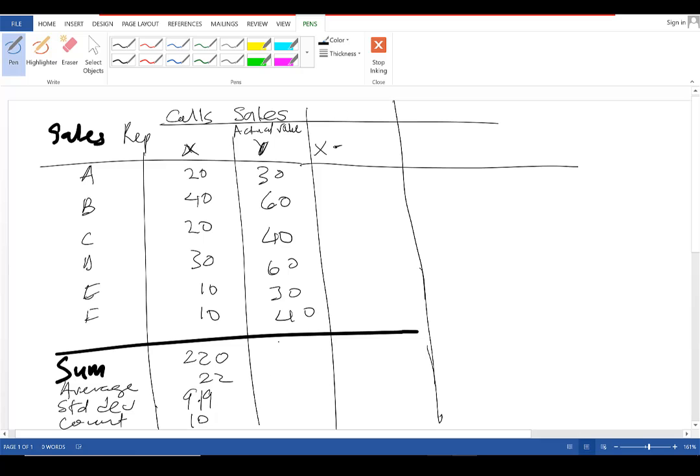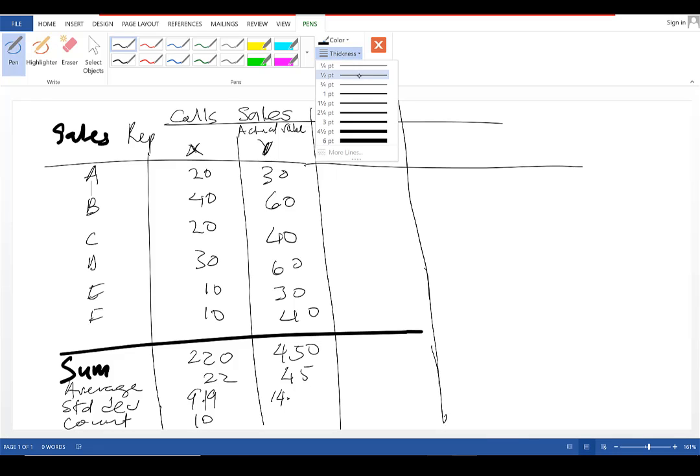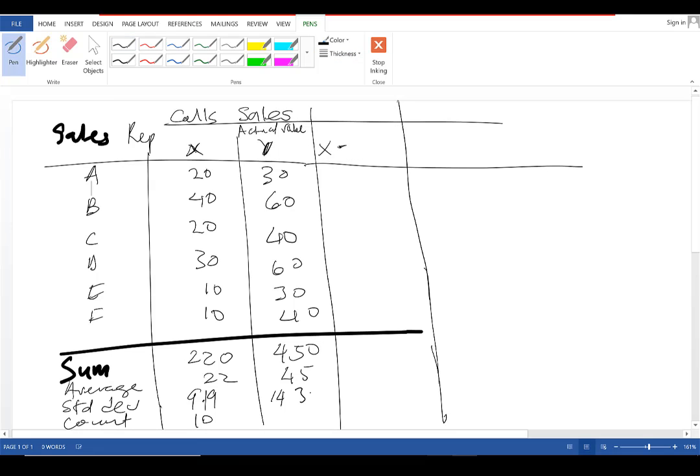Over here we get 450, 45 average, 14.34, then the count is also 10.